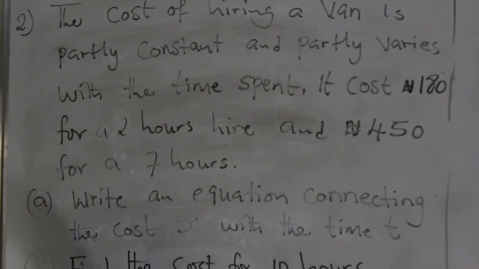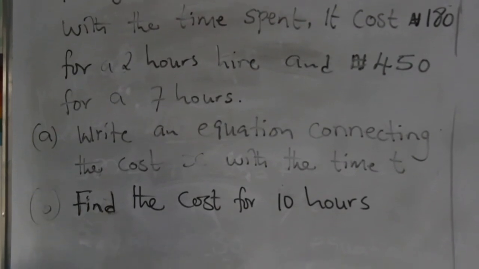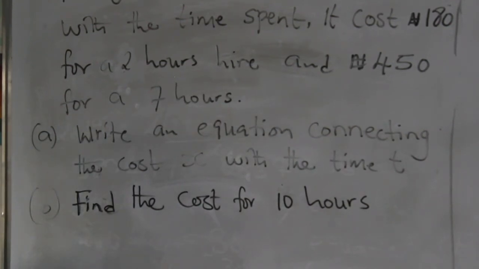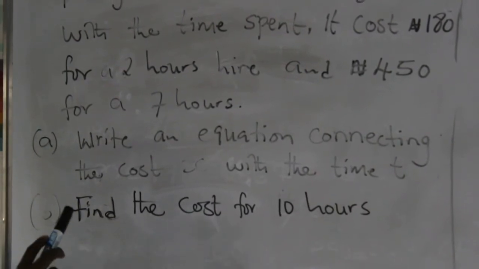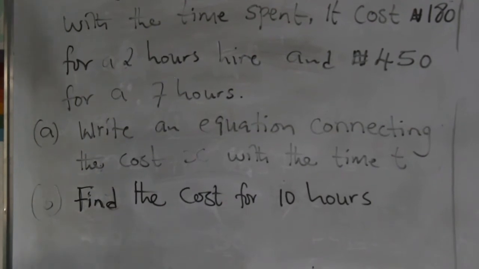A, write an equation connecting the cost X with the time T, which means they're asking us to use X for the cost and T for the time. Then B, find the cost for 10 hours.